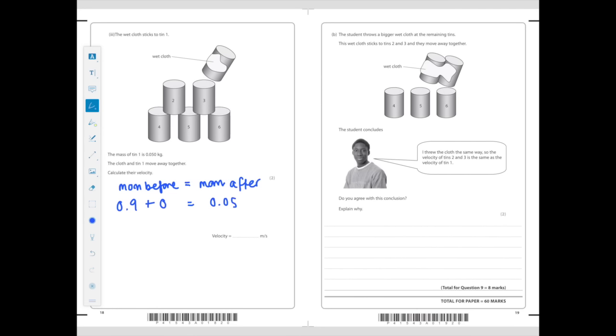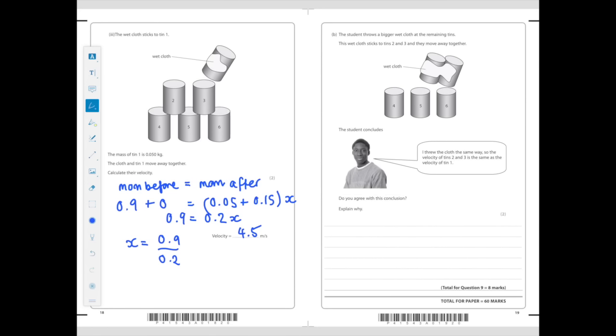So that's 0.05 plus 0.15 times by their common velocity. So let's just do the maths and sort this equation out. So now we simply do x equals 0.9 divided by 0.2, giving you a value which is 4.5 meters per second.